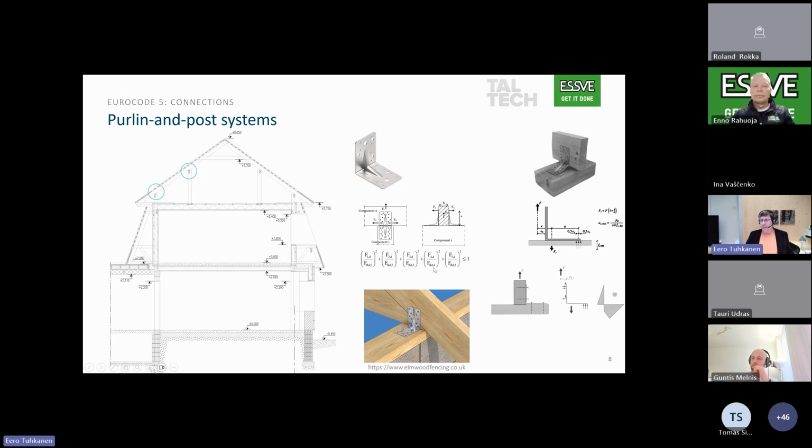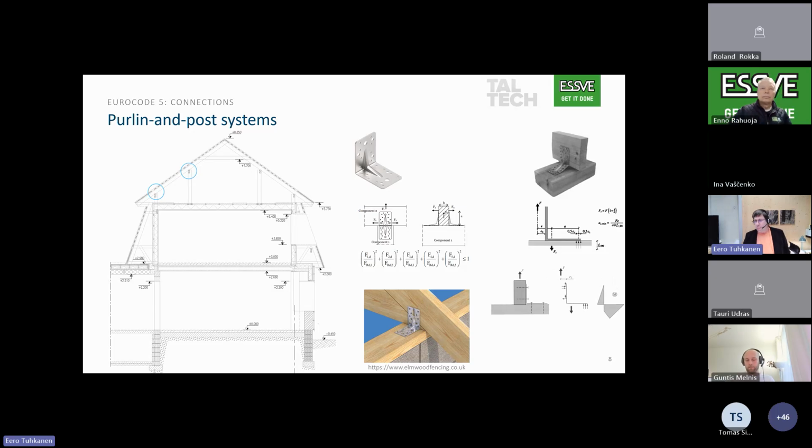But the model we need to calculate the angle bracket is quite complicated, and we need a lot of time to calculate that. Some producers give, instead of the load bearing capacity or instead of the model, coefficients to calculate this angle bracket more easily. But as a principle, it's quite a complicated system.